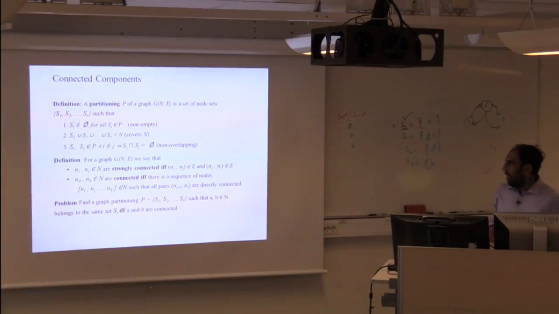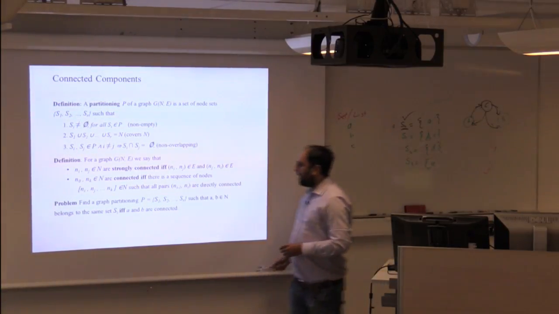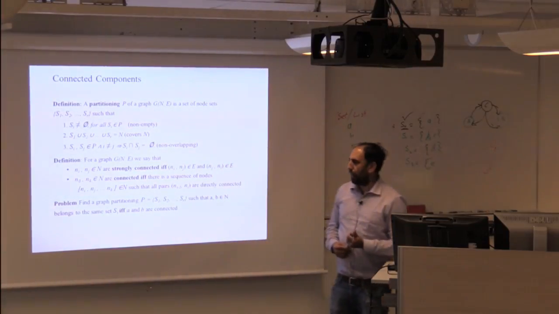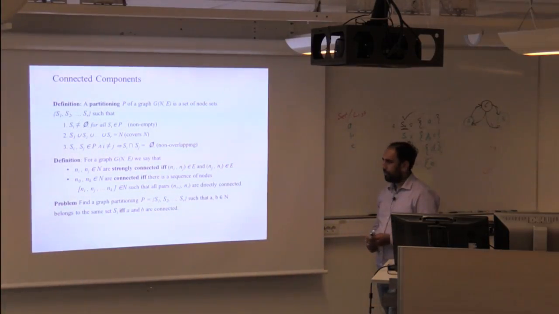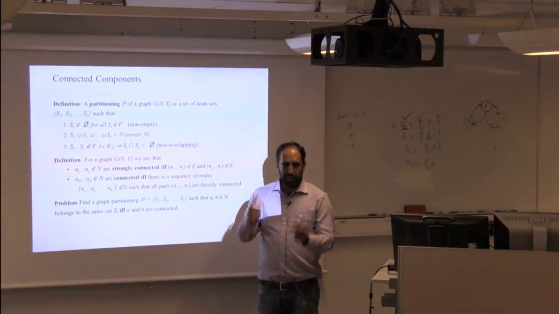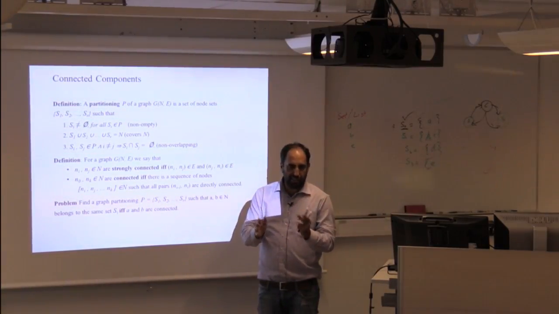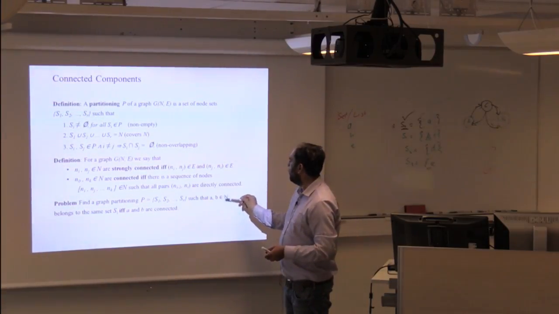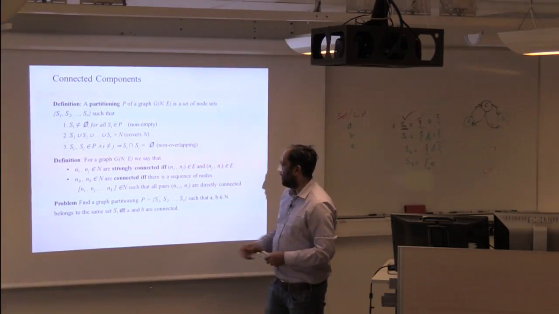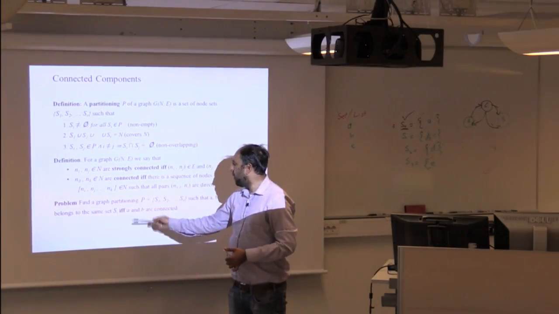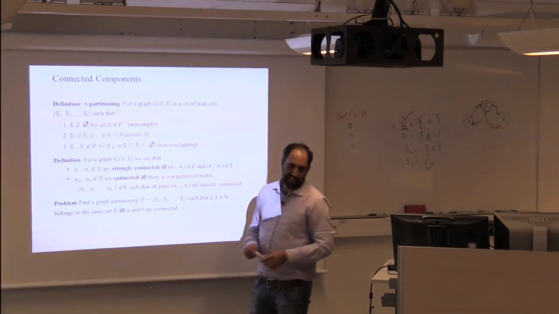Okay. Now, what is important here is that someone may ask you a problem to find a graph partitioning, where you should find the different partitions in a graph in such a way that A and B, which are nodes, belong to the same set if and only if A and B are connected.